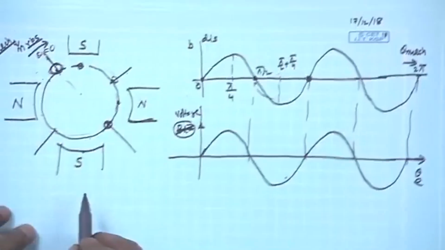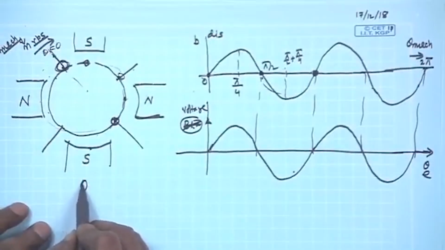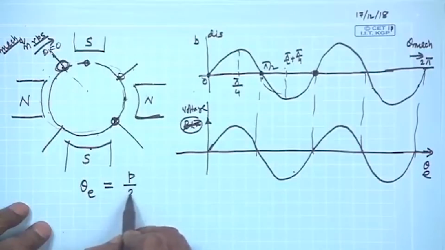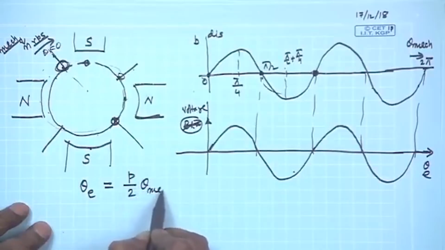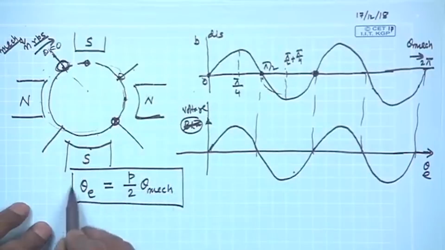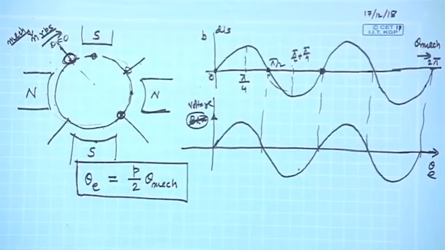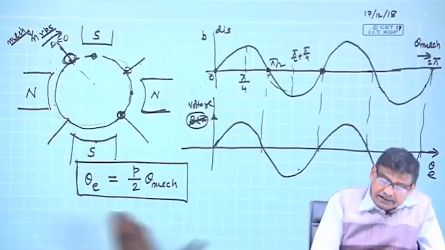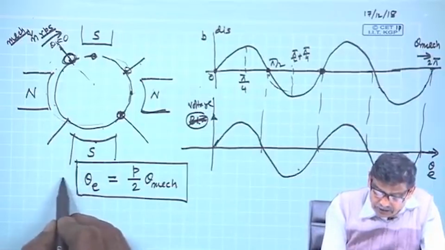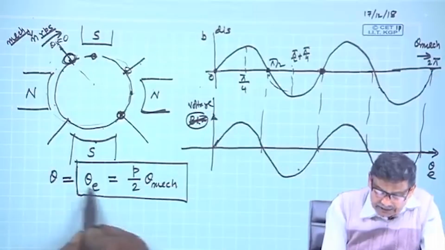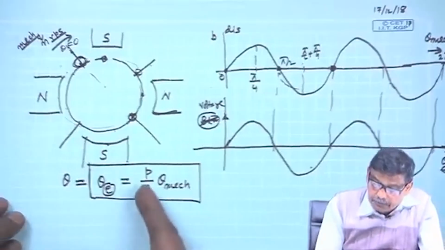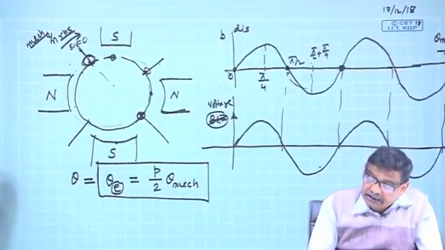Therefore, we can easily see that theta electrical will be p by 2 times theta mechanical. So, time has come to distinguish between these two angles when it is a multipolar machine. If p equals 2, theta electrical is equal to theta mechanical, and theta electrical, as I told you, I will indicate simply by theta. Okay. So, theta electrical is p by 2 theta mechanical.